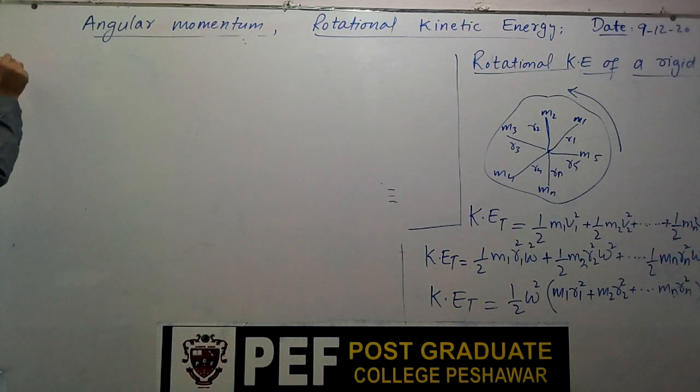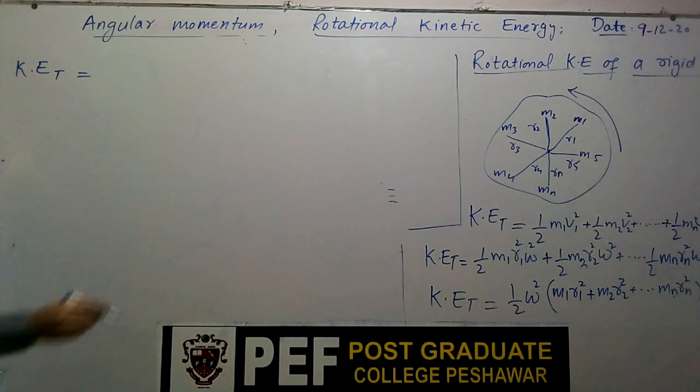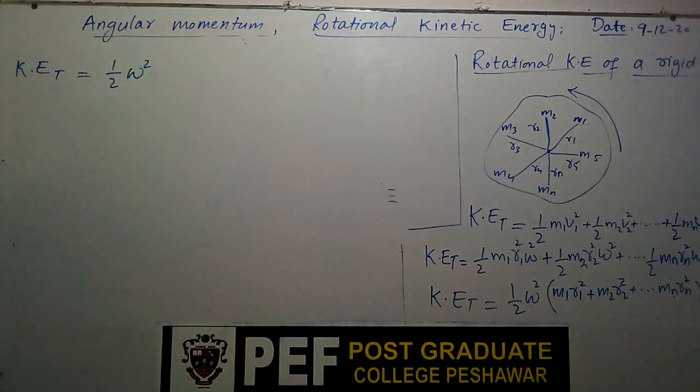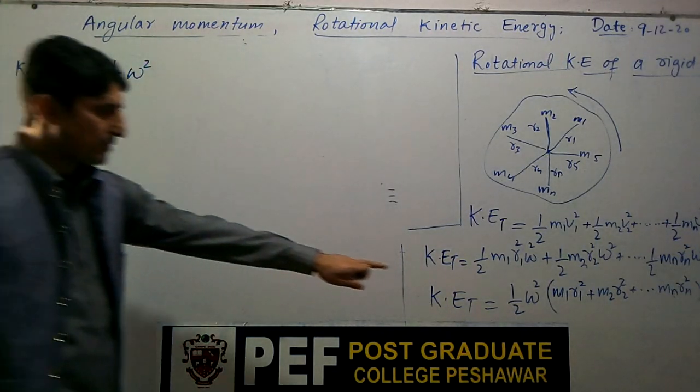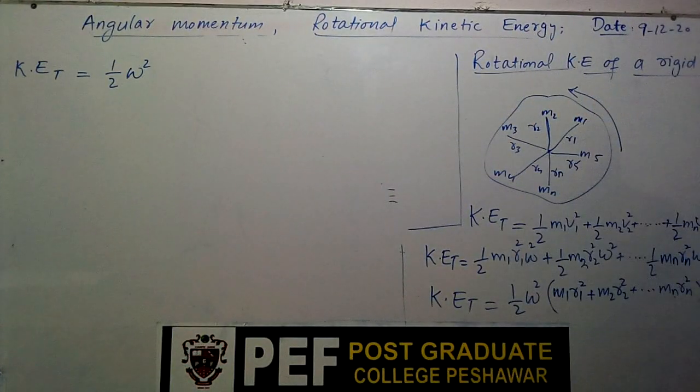Total kinetic energy is equal to 1 divided by 2 omega square times m1 r1 square plus m2 r2 square plus mn rn square.